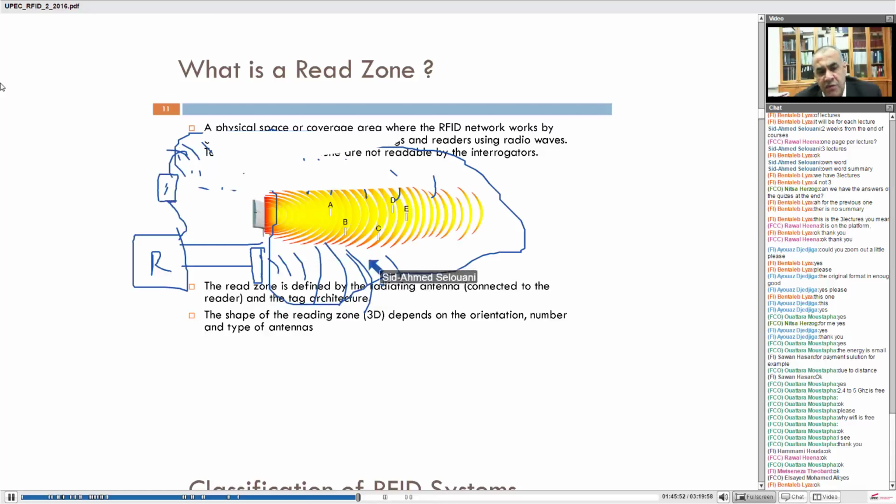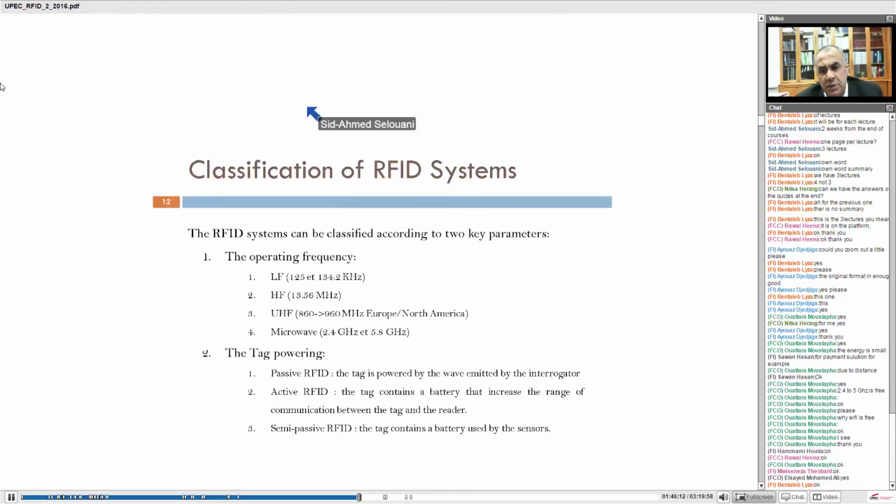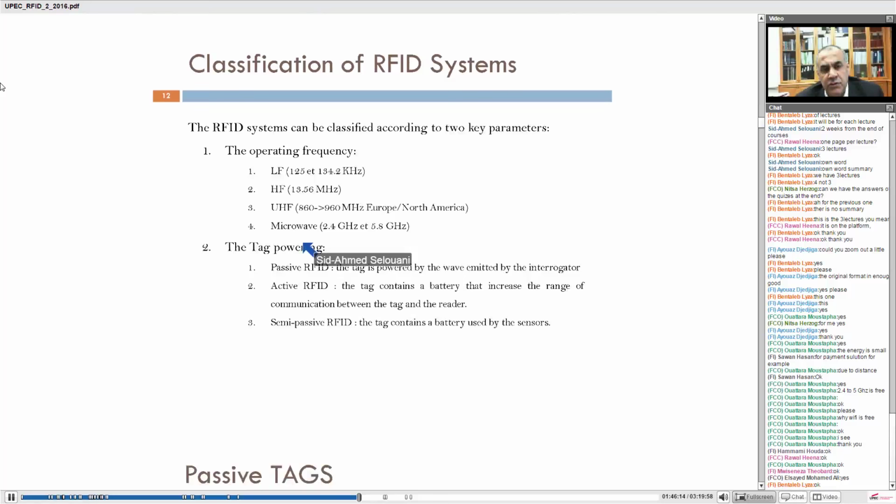The shape of the reading zone, which I tried to remove, is a 3D shape and depends on the orientation and the number of antennas, and the orientation of tags. So it's better to have tags here, of course. Okay, so this is the zone where you can read your tags.